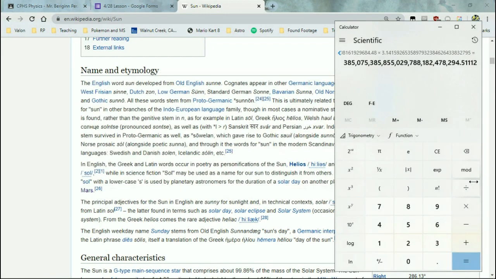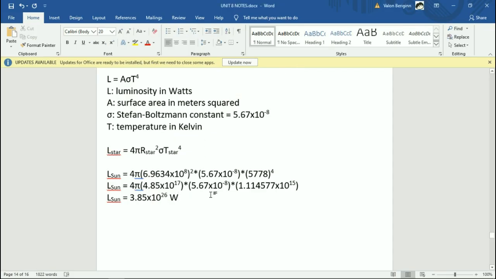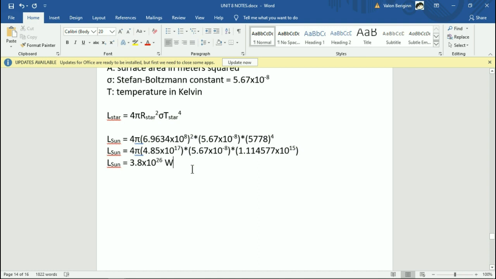And what did I get? 3.85. Okay, yeah, again, rounding could be a bit of an issue, and these numbers are not 100% perfect, but there you go. So it's about 3.8 times 10 to the 26. So this is known as your brightness of the sun.